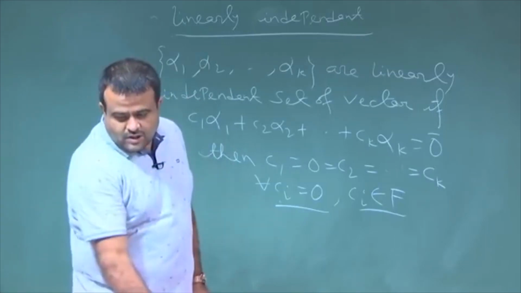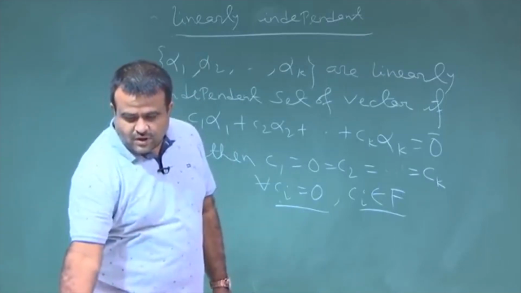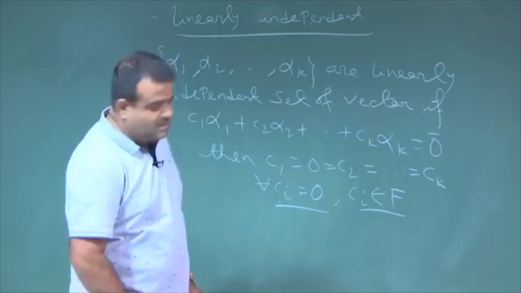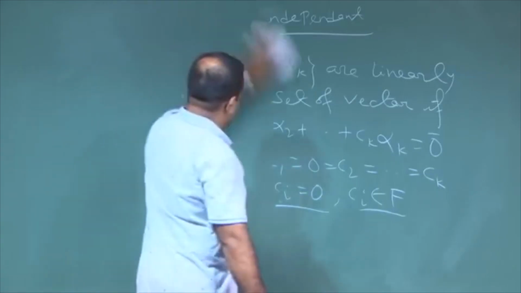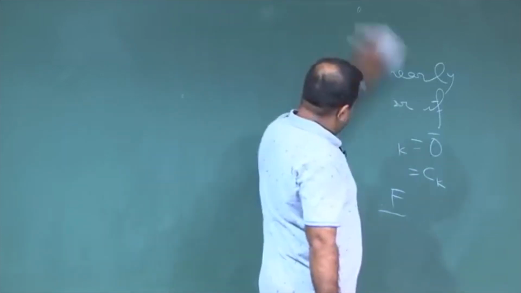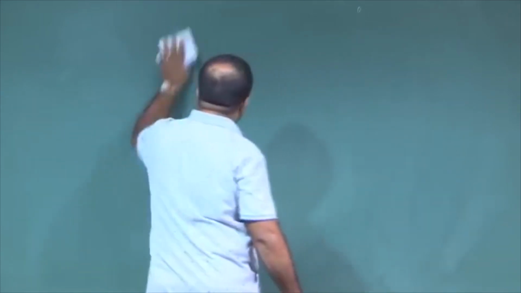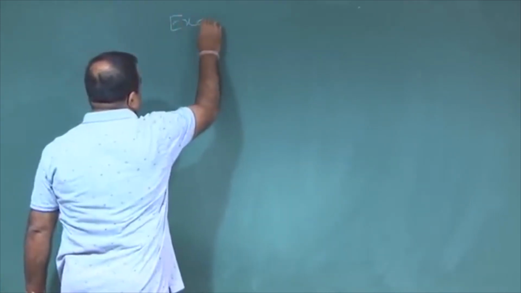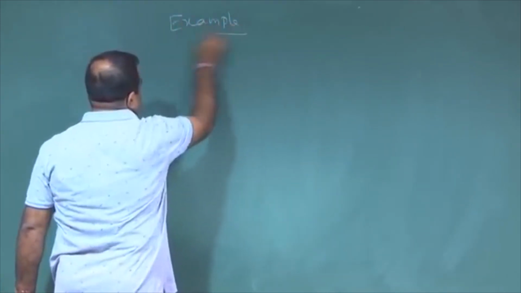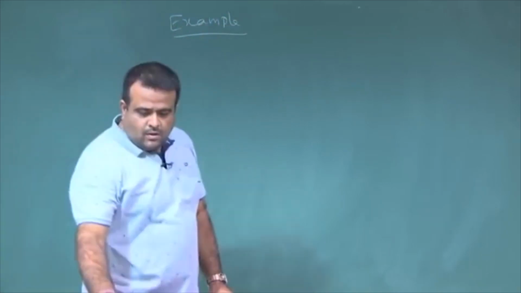Okay. So, now we will quickly take some examples of linearly dependent and independent sets of vectors. So, let us take an example.